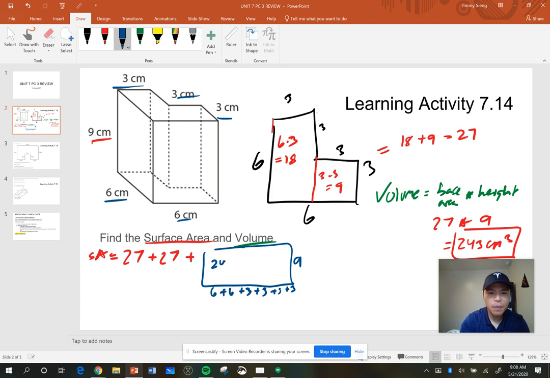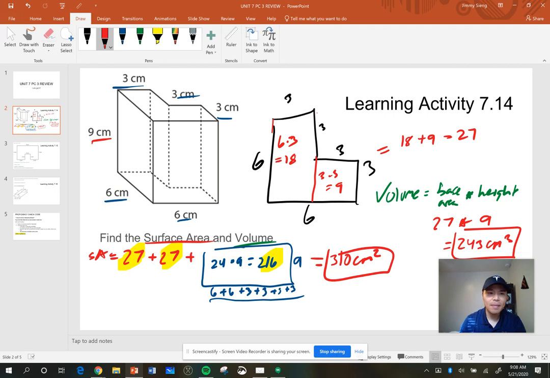So we have 24 after you add all these together times 9, which gives you 216. All right, so I add all of these numbers together, 27, 27, 216. That gives me an answer of 310. So my answer for this surface area should be 310 centimeters squared. All right.